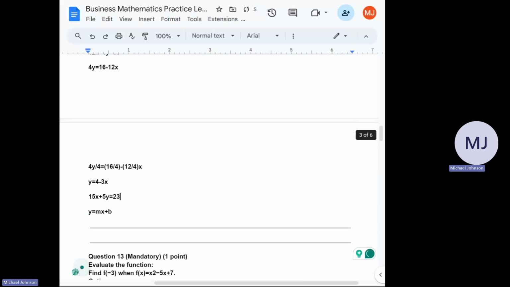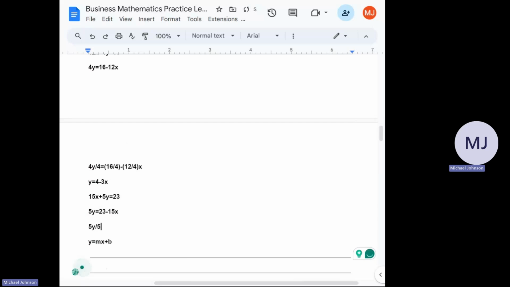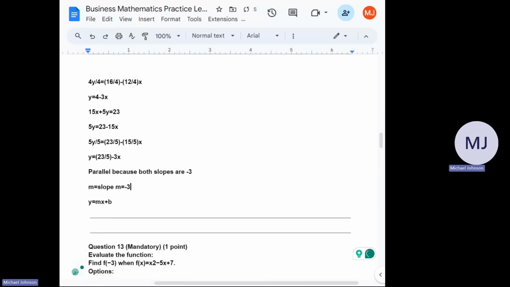Then here, 5y equals 23 minus 15x. 5y divided by 5 equals 23/5 minus 15/5 x. We get y equals 23 over 5 minus 3x. So parallel, because both slopes are -3. So m equals slope. M equals -3 in that case.